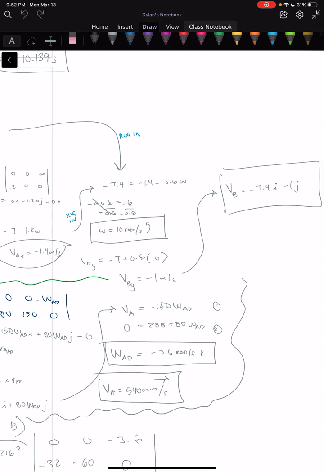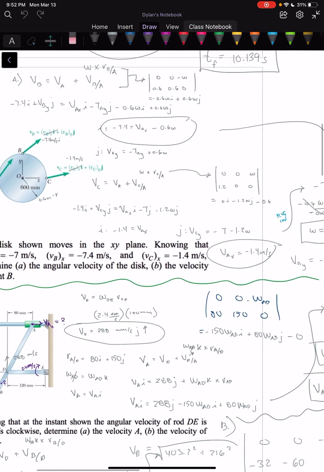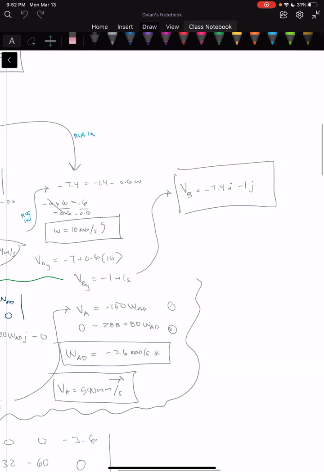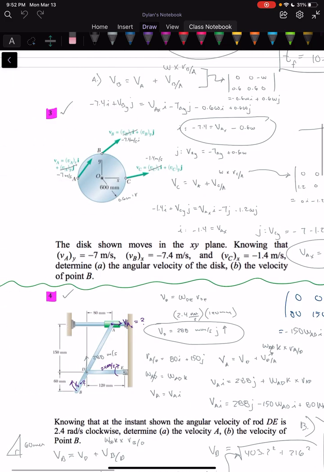And then from that point, part B asks for the velocity at point B. We are able to find that because we have the x and y components.